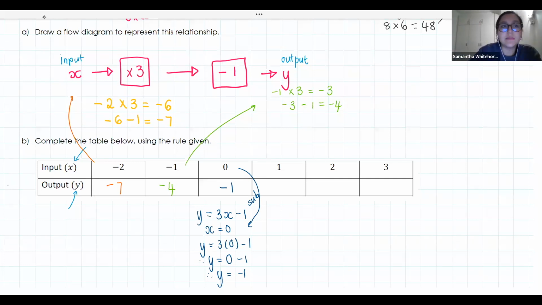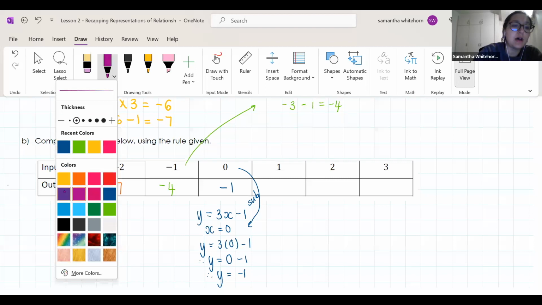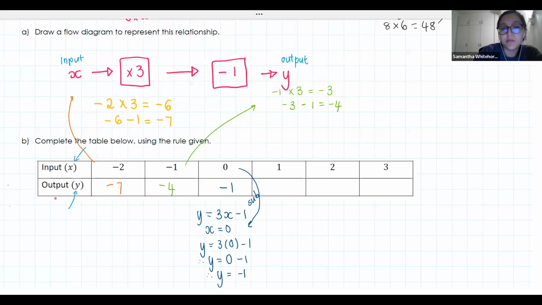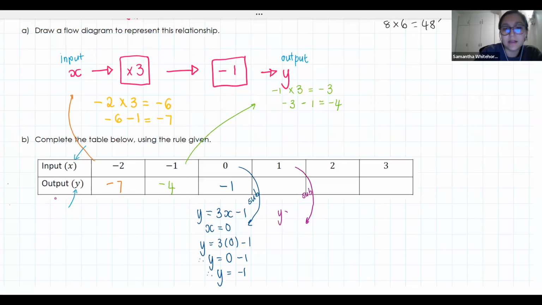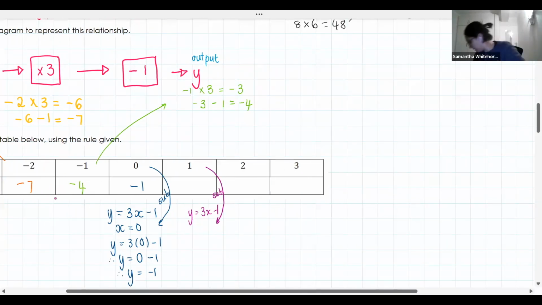If I now wanted to apply my rule with, for example, the positive 1, again, I'm going to substitute in my x value. So my rule is y is equal to 3x minus 1.